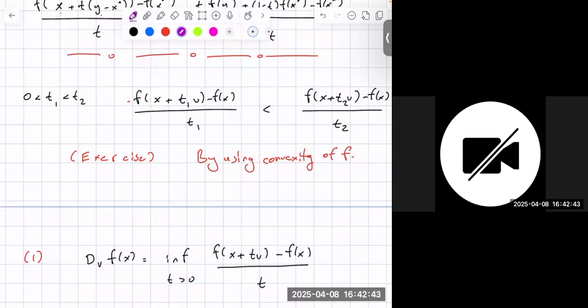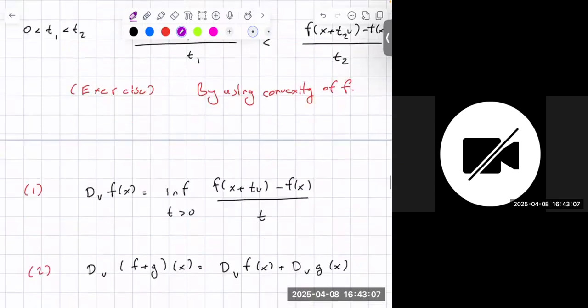Basically, you look at the difference: I'm perturbing my function in the direction of v, and dividing by the step size, you get a number here. Think about the smallest number you could get if you're allowed to mess with that t. That ends up being the directional derivative in this world. So that's the first thing.